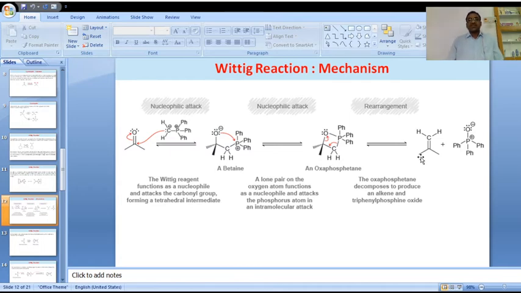The Wittig reaction mechanism. This Wittig reaction proceeds in a three-step mechanism. The first step is called nucleophilic attack. The second step is also called nucleophilic attack, and the last one is the rearrangement step.